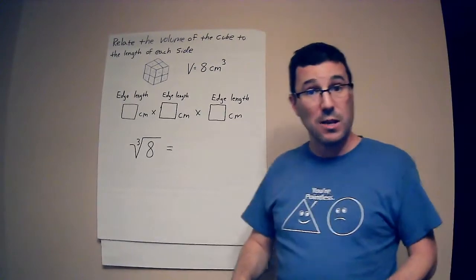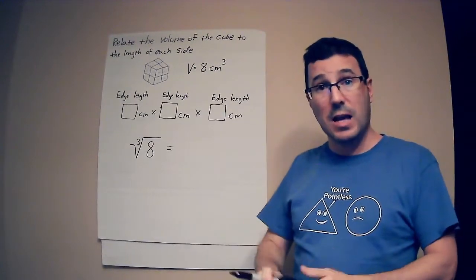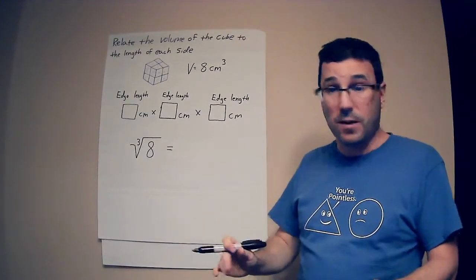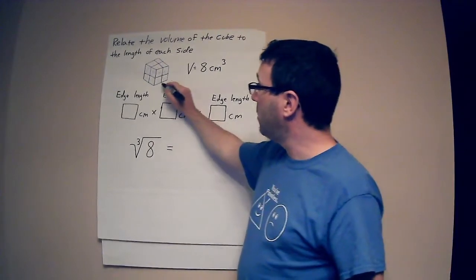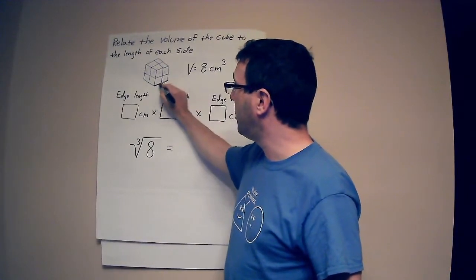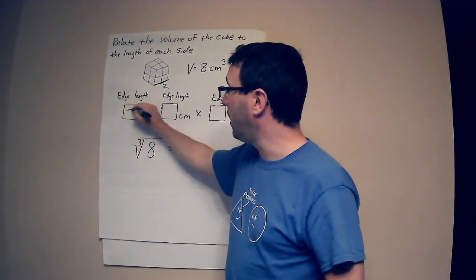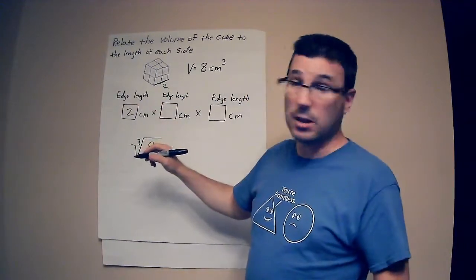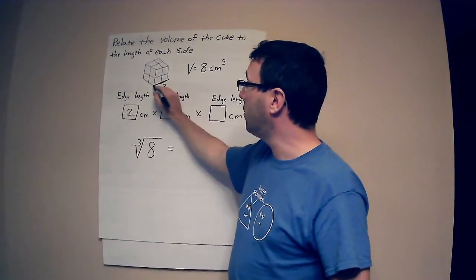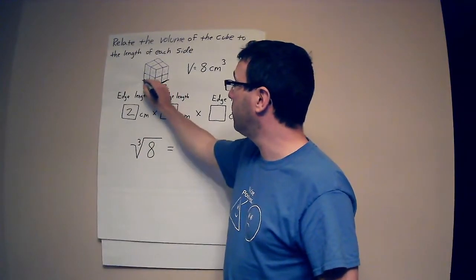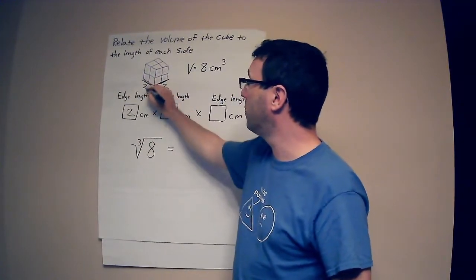So just like we did before, I'm going to look at the side lengths to try to figure this out. So I notice that this side length here is 2. So I'm going to write 2, and it's actually edge length. I notice that this length in the front is also 2.